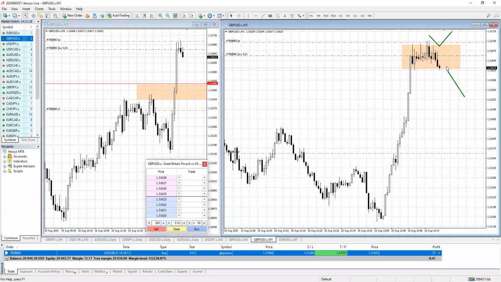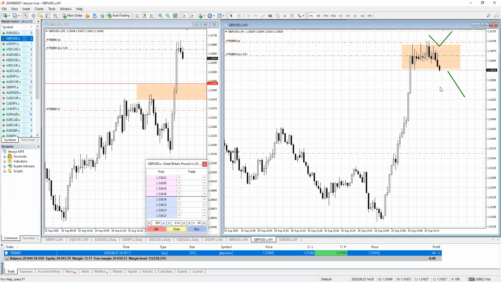So what I'm going to do right now is called averaging a position. I'll scale in. We always want to be precise and enter at the best possible point, but it's very hard to do that in real time. So what I do is build into a trade. I add to a position.